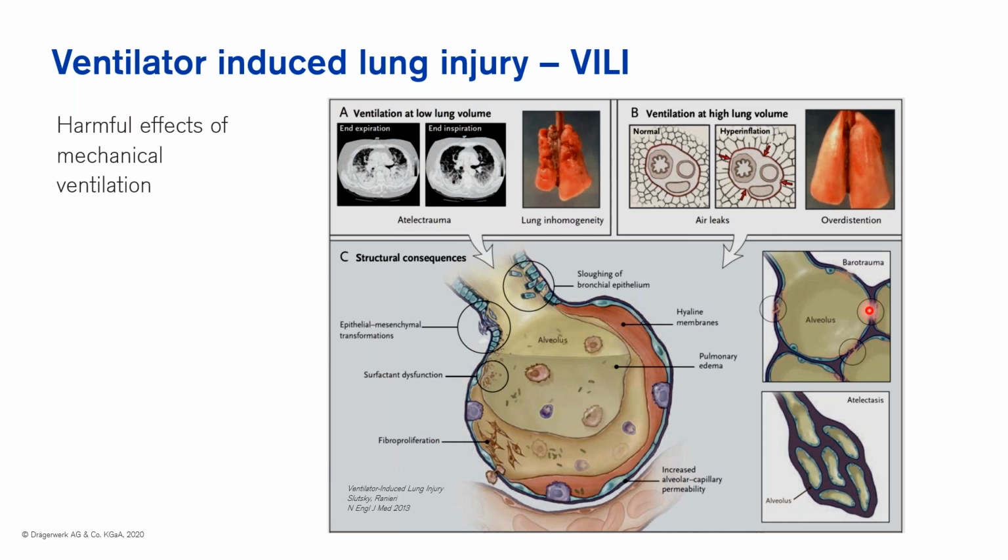So basically, we realize that ventilation at lower lung volumes is potentially dangerous and contributes to atelectrauma. Ventilating with higher lung volumes is also dangerous and potentially contributes to overdistension and such conditions as pneumothorax.